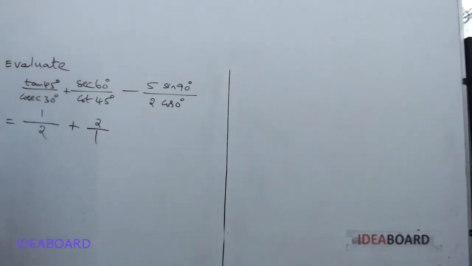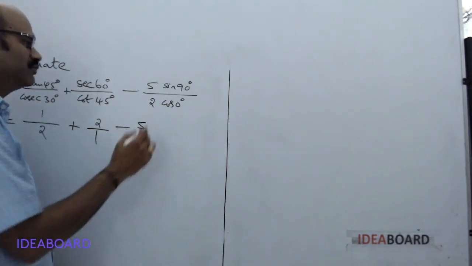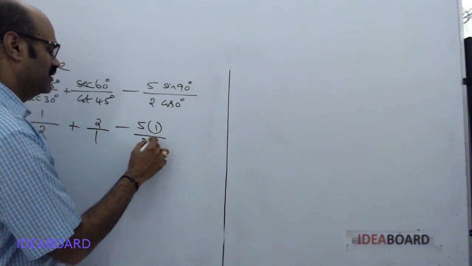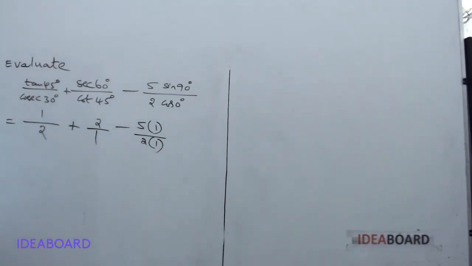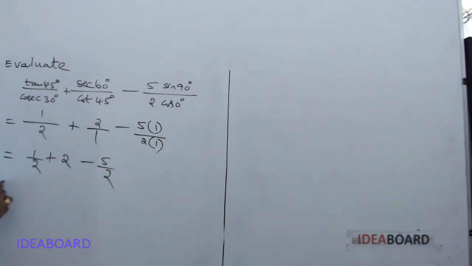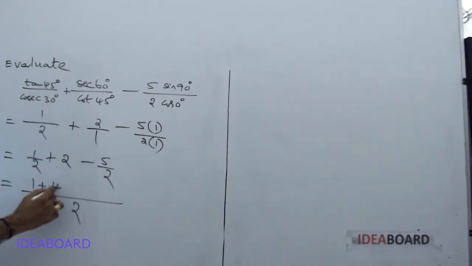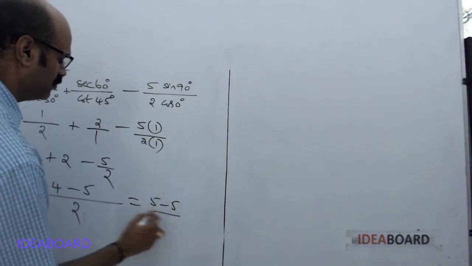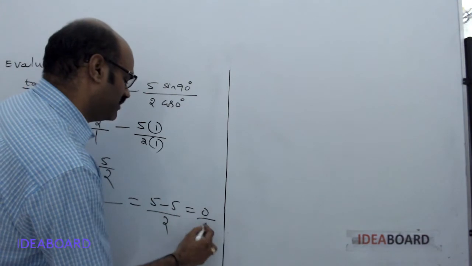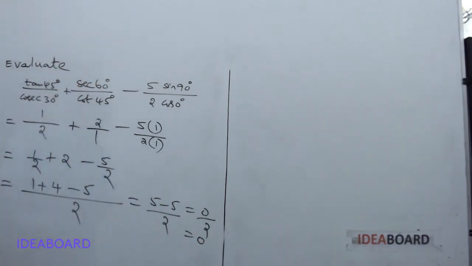Cot 45 is 1, minus 5 into the value of sin 90 which is 1, by 2 into cos 0 degrees which is 1. So it implies 1 by 2 plus 2 minus 5 by 2. So take LCM 2 here. 1 plus 2 into 2 is 4, minus 5. So 5 minus 5, whole by 2. So 5 minus 5 equal to 0 here. So 0 by 2 equal to 0.